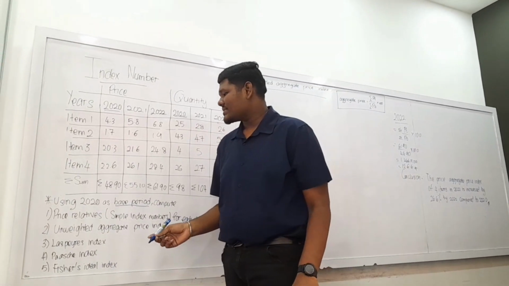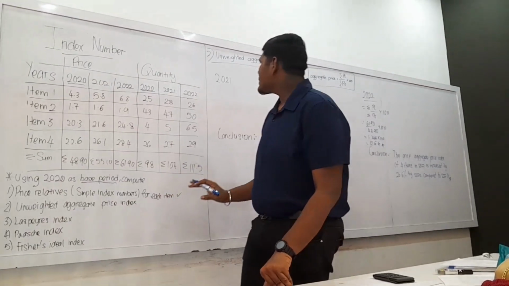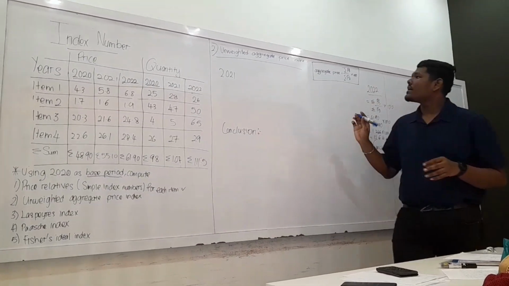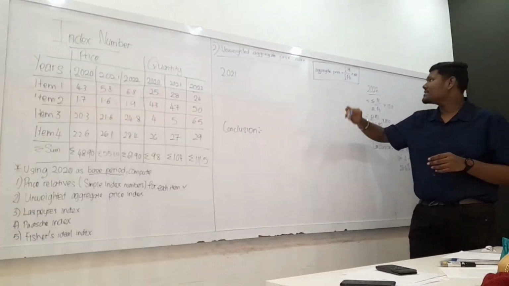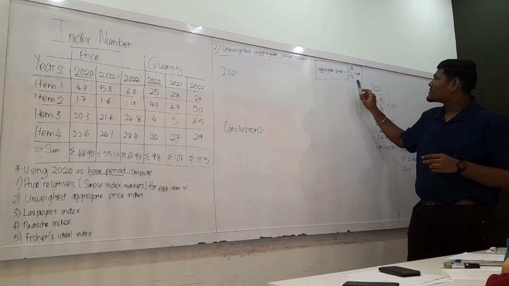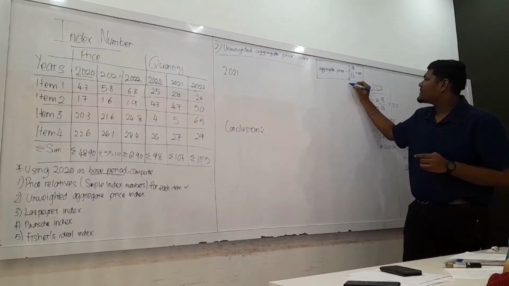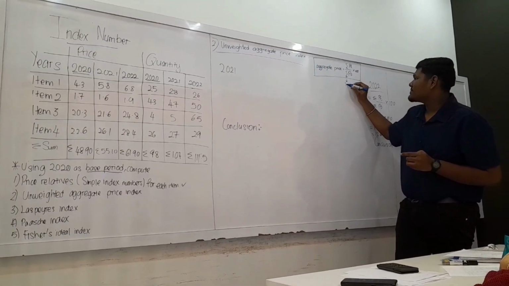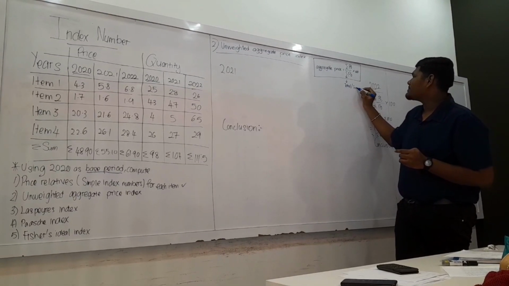So the second question is asking for the unweighted aggregate price index. Okay, so let's see here. For the unweighted aggregate price index, the formula is the sum of PT over the sum of PO. This symbol stands for total or sum.